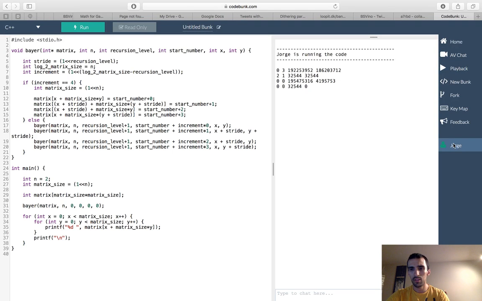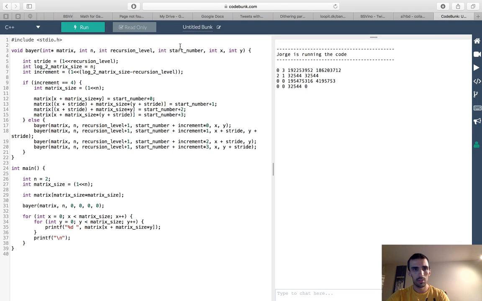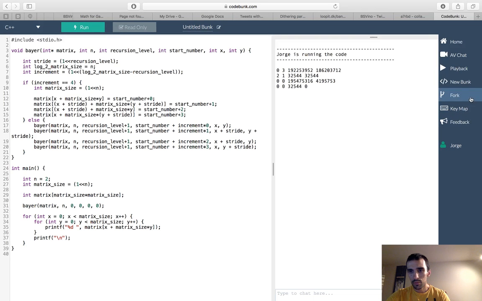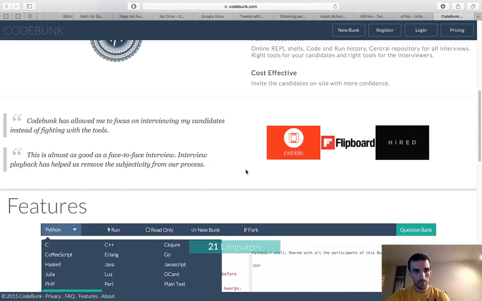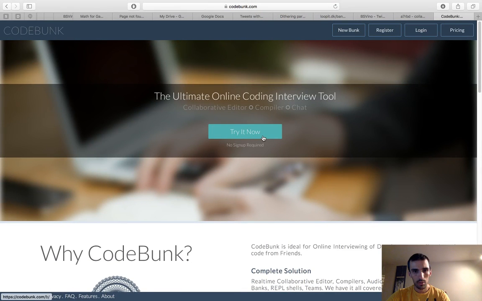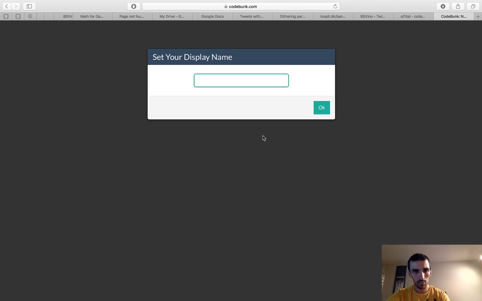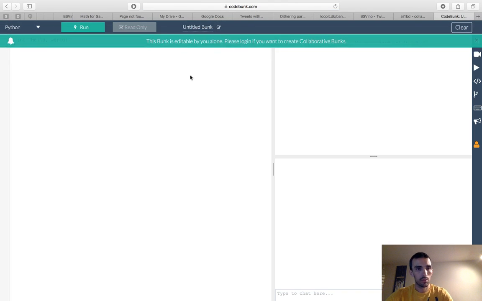I guess I have to log in or something. What do I do? Oh, I just ruined it. How do I log in? I click the drop down.